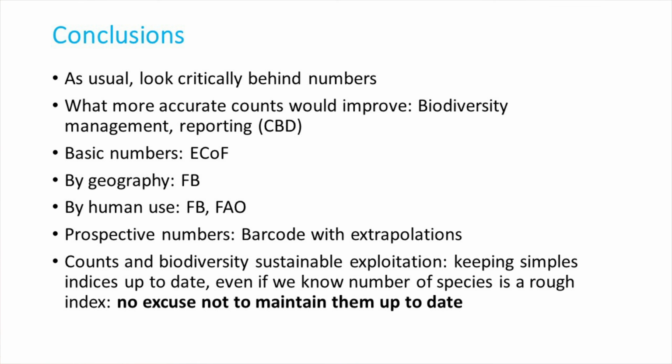And for the number of species, Catalog of Fishes is definitely at the moment the most up-to-date database. So if you have to take number of species or fishes, you have to go to Catalog of Fishes.